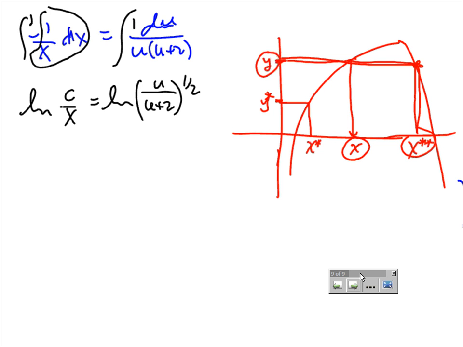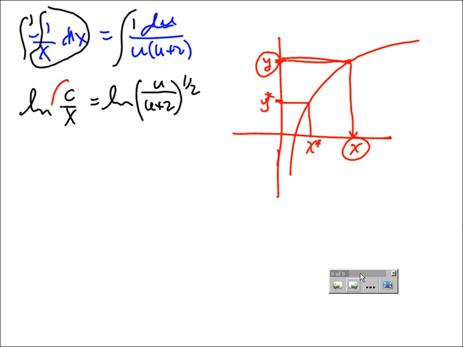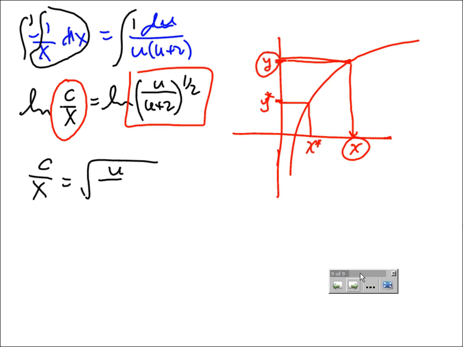No, the ln function does not go like that. It's strictly increasing. It's a one-to-one function. That is, if ln of this equals ln of that, then this and that are equal. C over x is equal to the square root of u over u plus 2.